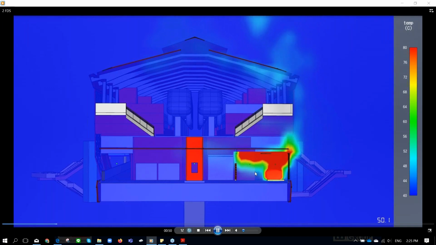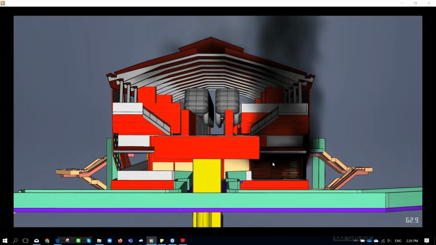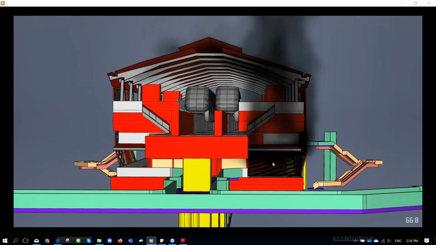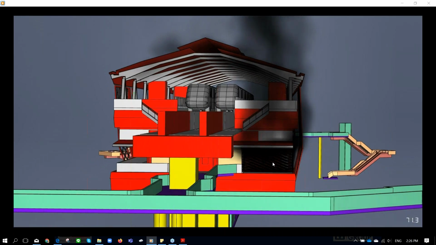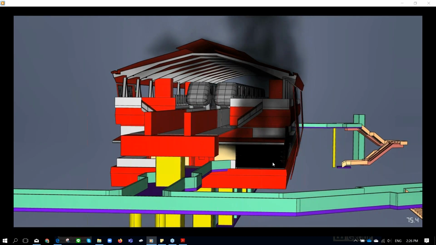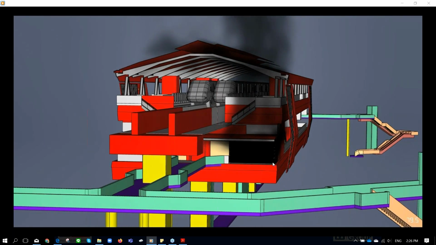And when it explodes, the heat and the smoke would leak from the room. So this simulation shows what it looks like, where the heat is and where the smoke could go. So usually the hot air just goes to the top of the station.